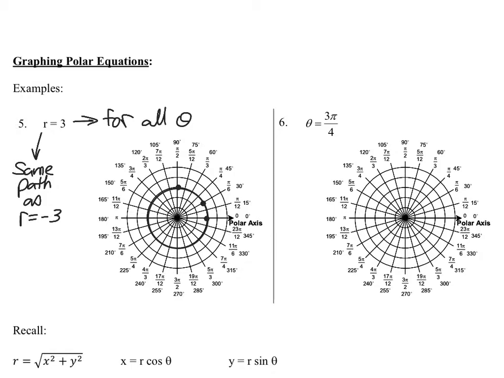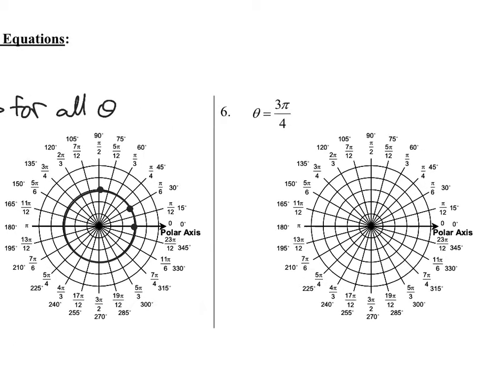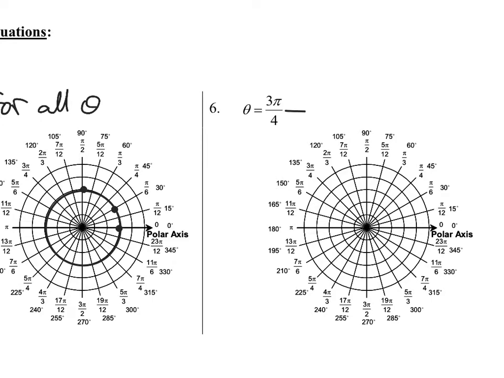Now this one is saying theta is equal to 3 pi over 4. Implied that that's for all values of R. So for all R. So no matter what my R value is, my theta is always going to be 3 pi over 4.